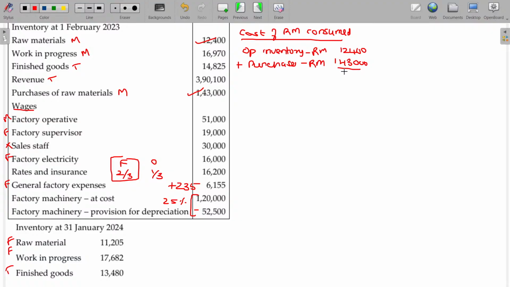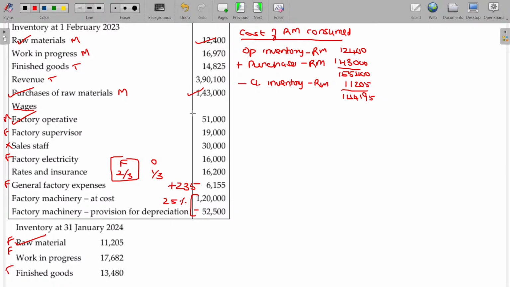The total being 1,55,400, minus closing inventory of raw material 11,205. And material cost here being 1,44,195.